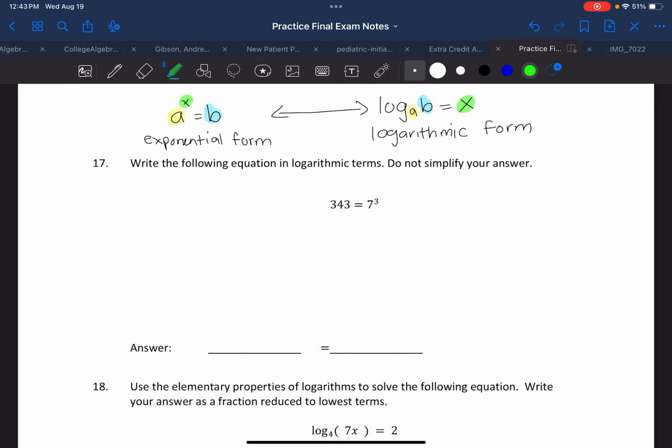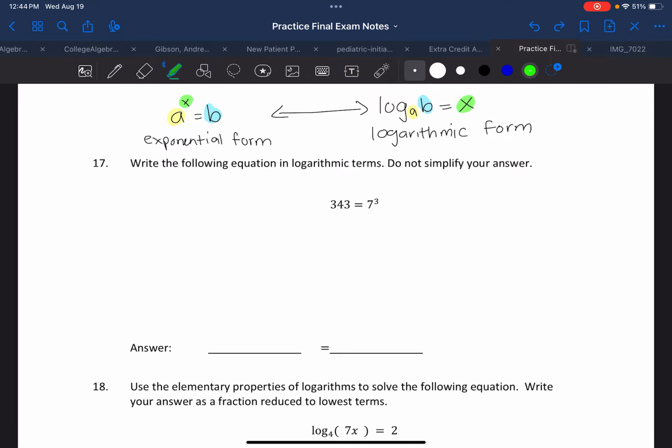It's equal to the exponent that you need to raise the base to in order to equal the expression inside the log. So in this example, the base of the exponent is 7.